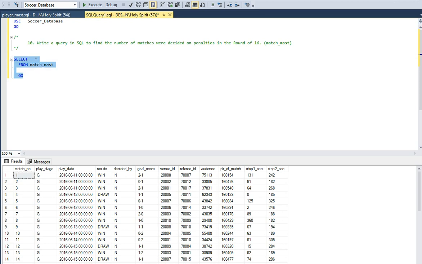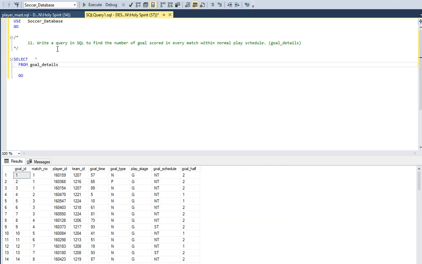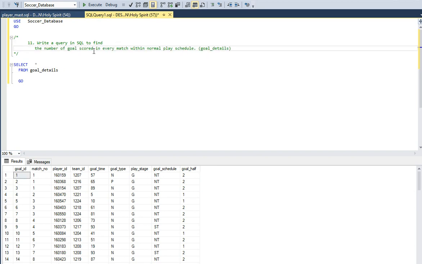Okay. The next question is, write a query in SQL to find the number of, again this one is count, goals scored in every match within normal play schedule. Goal schedule. Yeah, it's a normal play schedule.